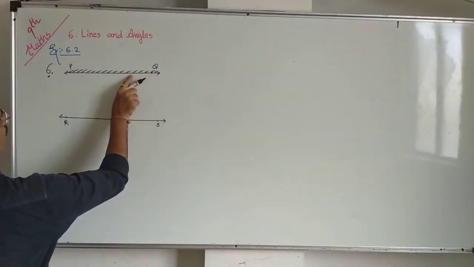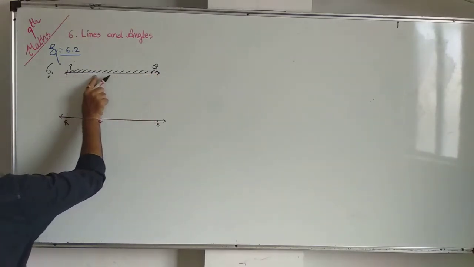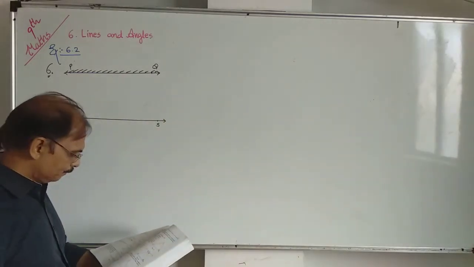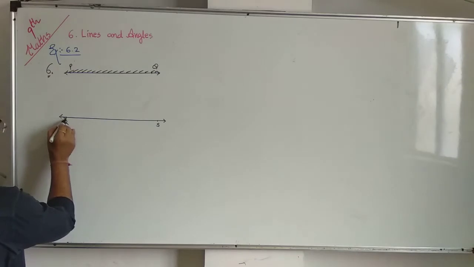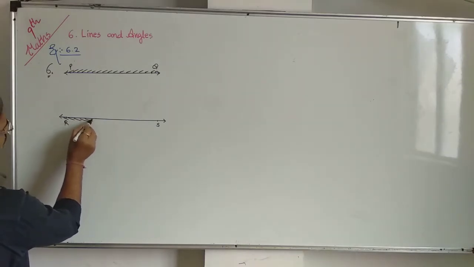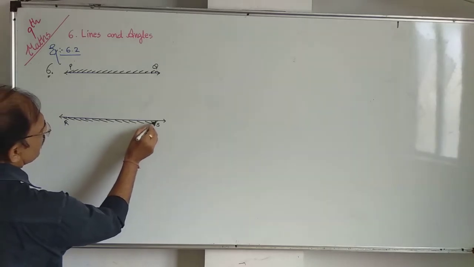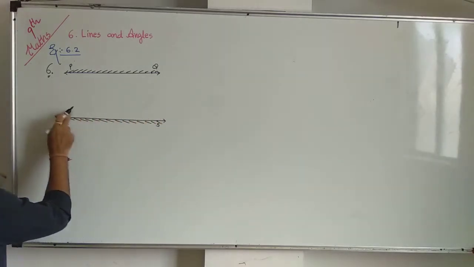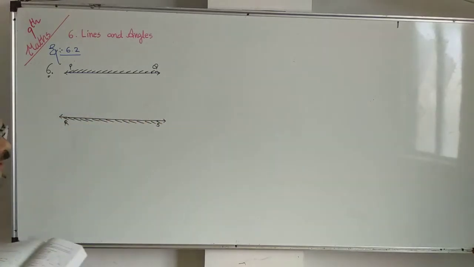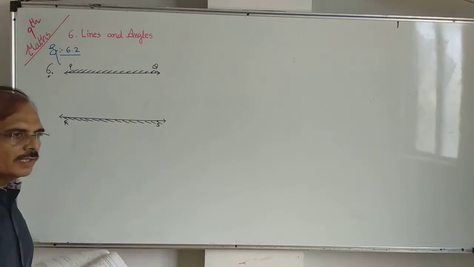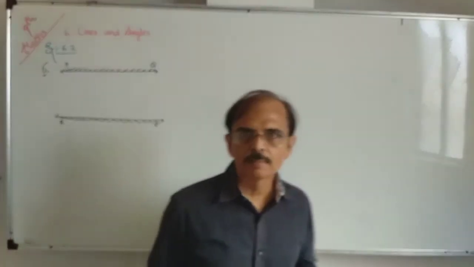It means this lower side is called the polished surface, which means it's a mirror. In the same manner, the outer side is rough and the inner side is polished. So line PQ and line RS are parallel. In this language, mirror PQ and mirror RS are parallel.